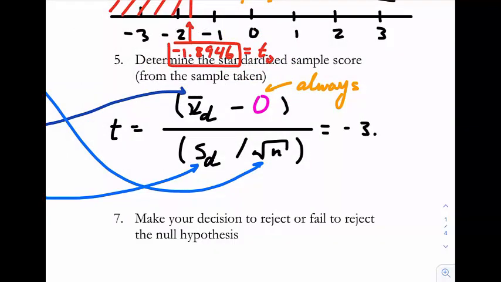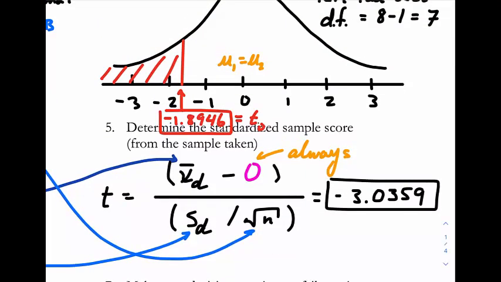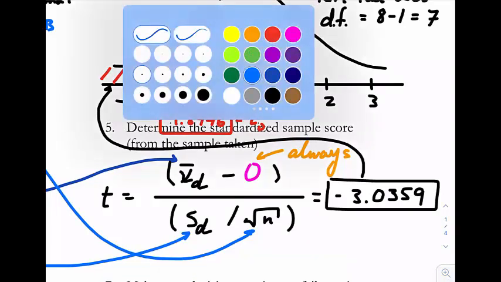So again, negative 3.0359. That's the standardized value from the sample. Is this number in the rejection region? Anything past that cutoff point, and this is just a little bit past the negative 3.